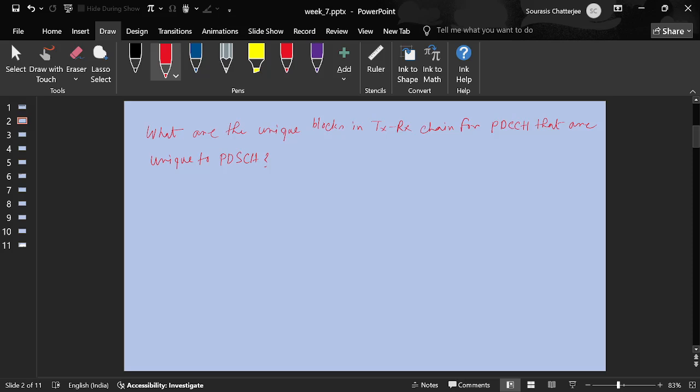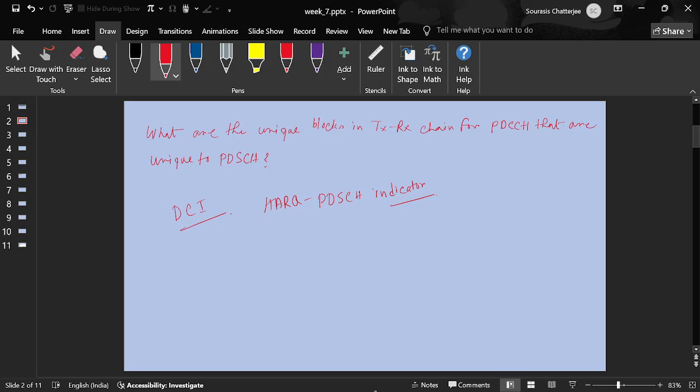DCI lets me know at what time frequency slot my data is arriving, and there is also this HARQ PDSCH feedback timing indicator field present there.